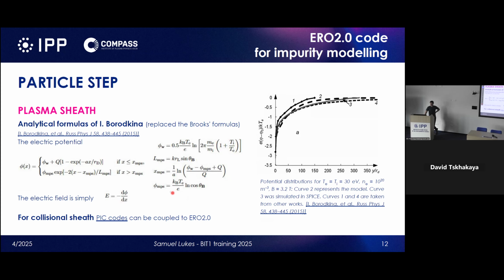But if you go to LMPS, the magnetic pre-sheath length, it's some number K multiplied by the ion Larmor radius, times sine theta. So if theta is 0, this is 0. It means theta 0 is normal to the wall, so you have no magnetic pre-sheath. Magnetic field is normal to the wall.